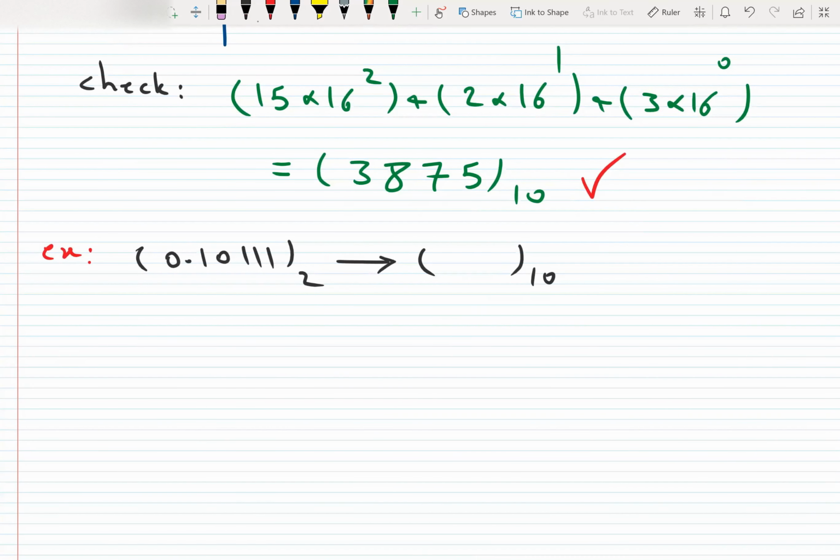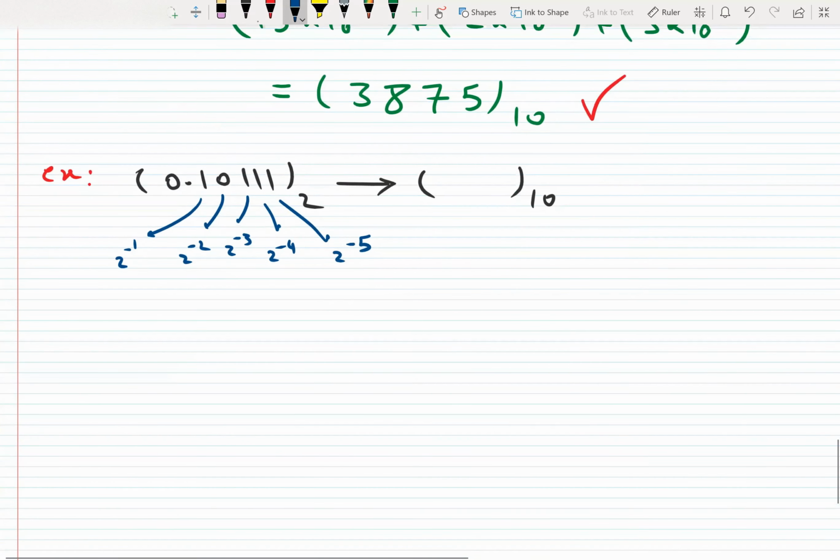With our method by multiplying the coefficient by power of the base. So we know that these coefficients should multiply by 2 to the power of minus 1, 2 to the power of minus 2, 2 to the power of minus 3, 2 to the power of minus 4, and 2 to the power of minus 5.